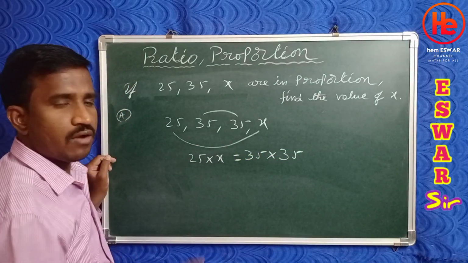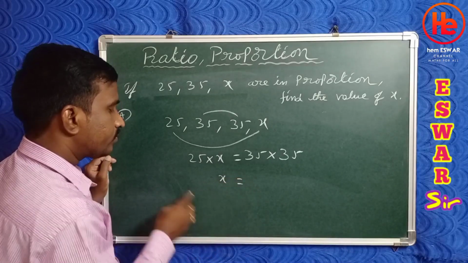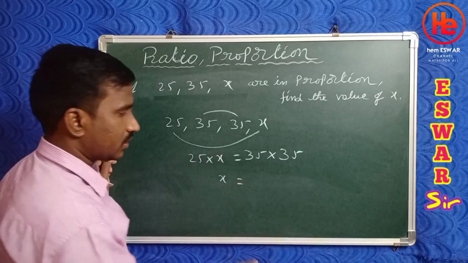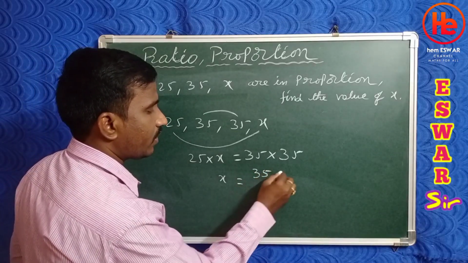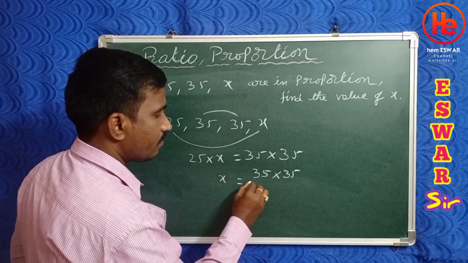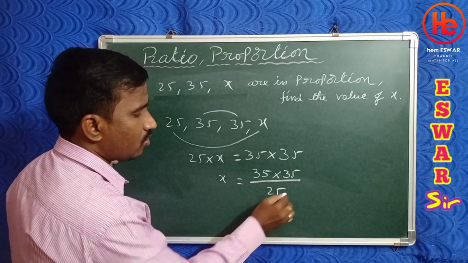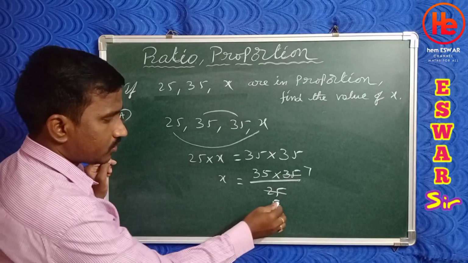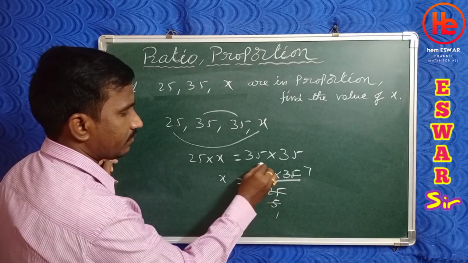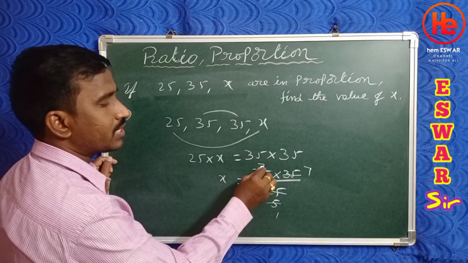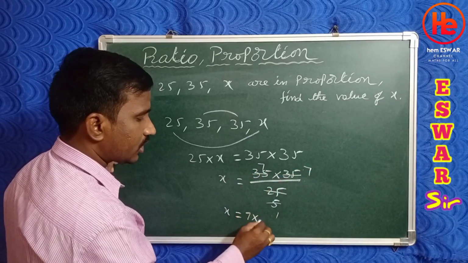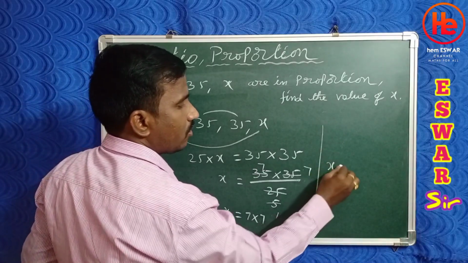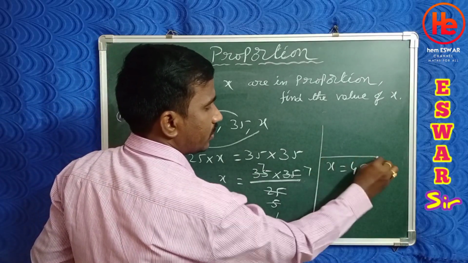Now find the value of x. x is equal to, since 25 is multiplying, when transferred to the other side it divides. That's why 35 into 35 by 25. Now 5 5s are 25, 7 5s are 35. Next one, 5 1s, 5 7s. So x is equal to 7 into 7. 7 into 7 means 7 7s are 49. That's why the value of x is equal to 49.